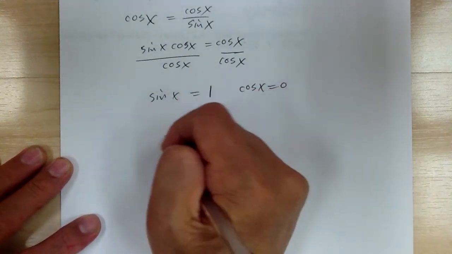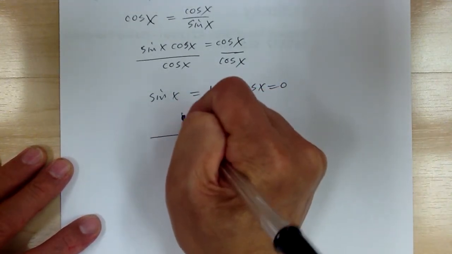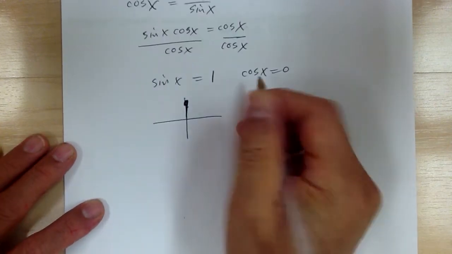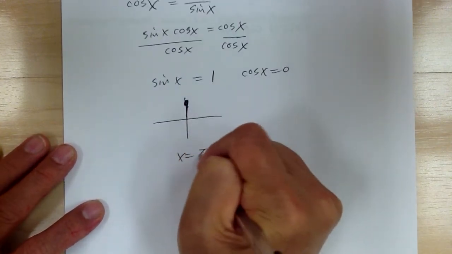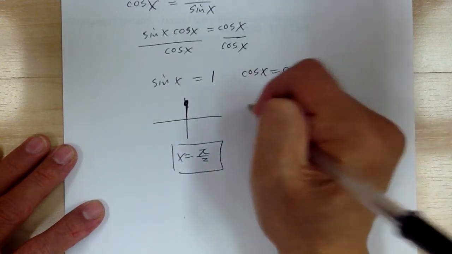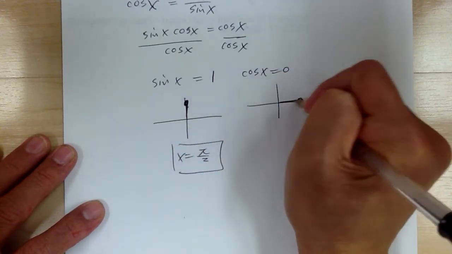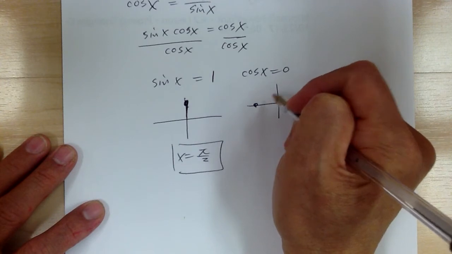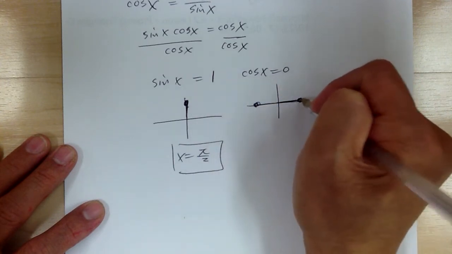So from here, you're going to get x equal to pi over 2.